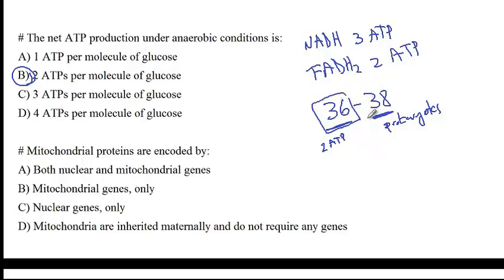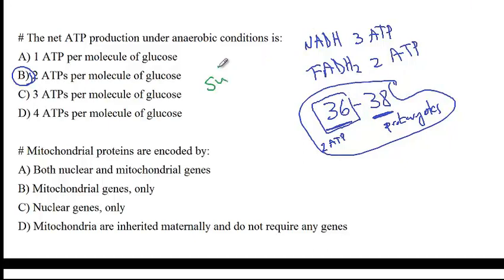Now the last question that I want to ask you: out of these 36 or 38 ATPs, how many of them are being produced by substrate level phosphorylation? So we had 2 ATP that were produced during glycolysis, and then another 2 ATP that were produced in the citric acid cycle.